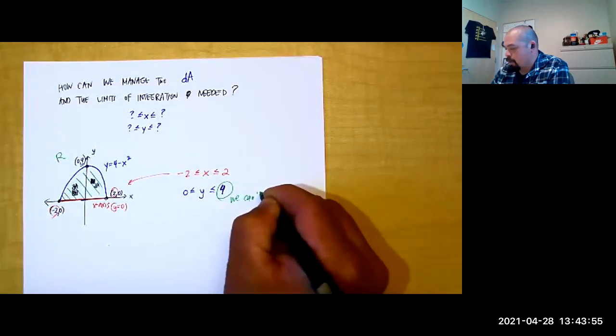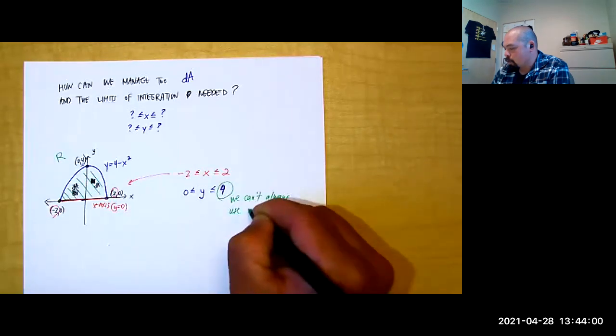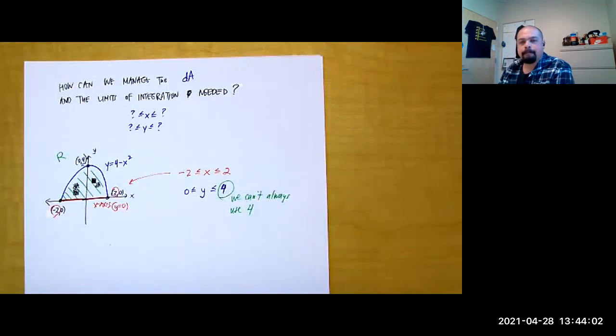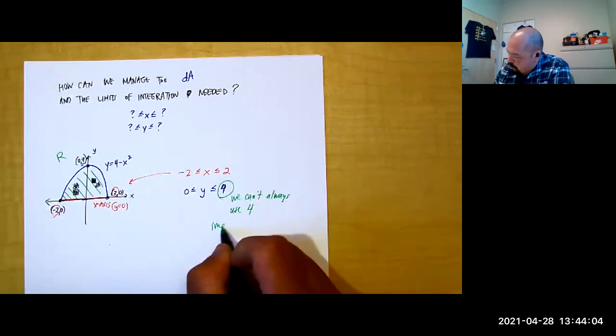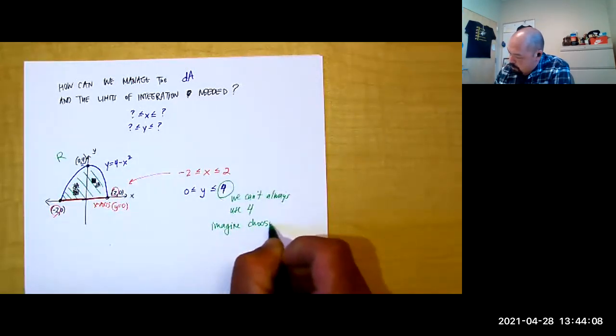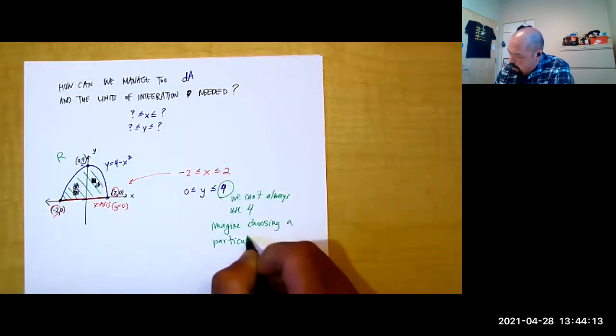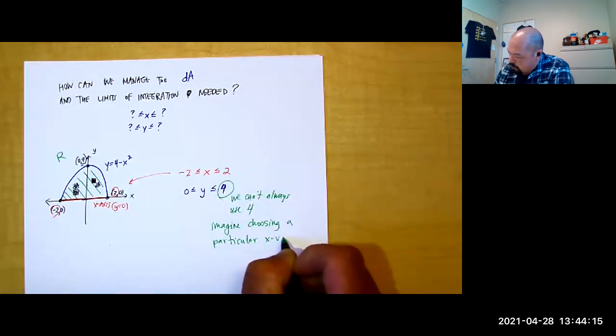We can't always use that 4. Imagine choosing a particular x value.